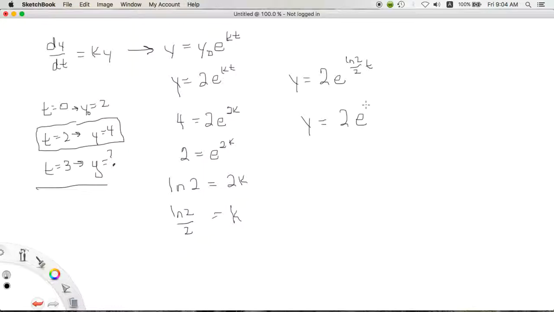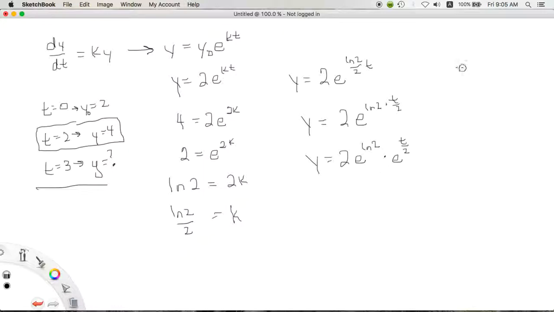So if we split this up, so we have the natural log of 2 times t over 2, and then split that up so that we have e to the natural log of 2 times e to the t over 2.